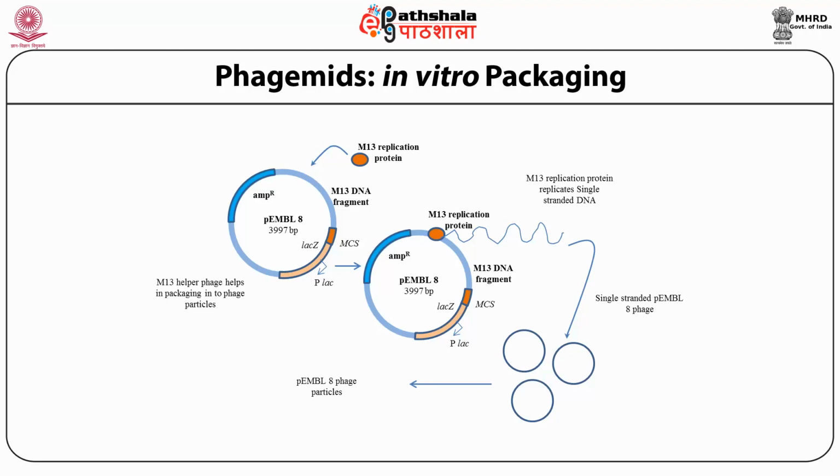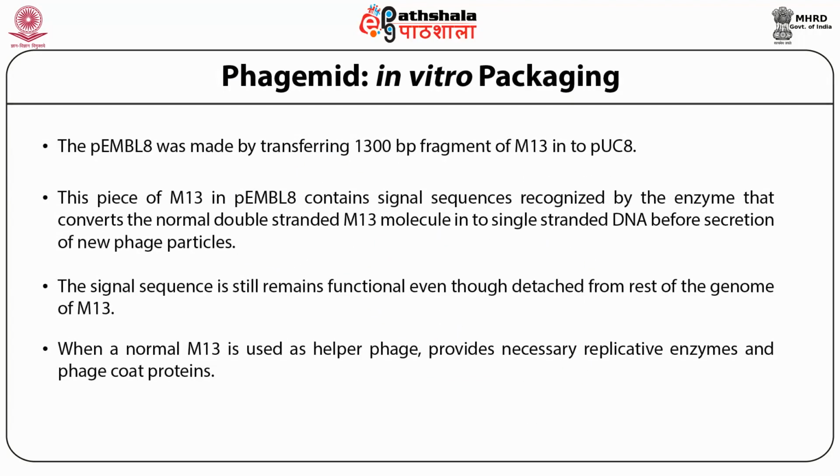For the in vitro packaging of phage particles, plasmid vectors like pMBL8 are used with a helper phage. Here in the figure, you can see the whole scheme of replication in plasmid vectors and how new virions are created. The pMBL8 was made by transferring a 1300 base pair fragment of M13 into pUC8 vectors.